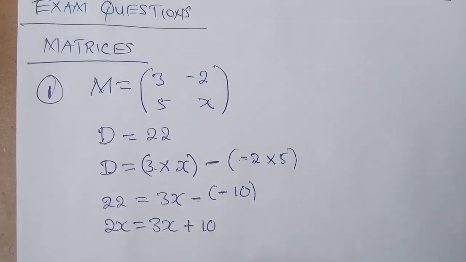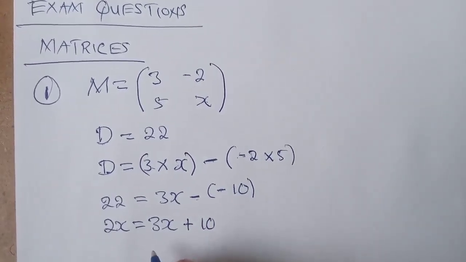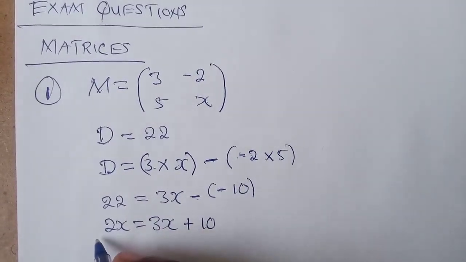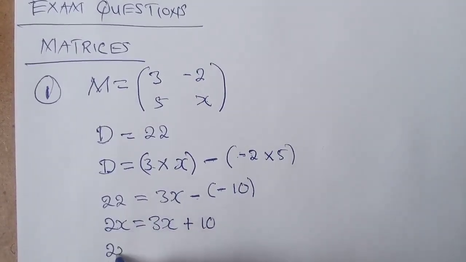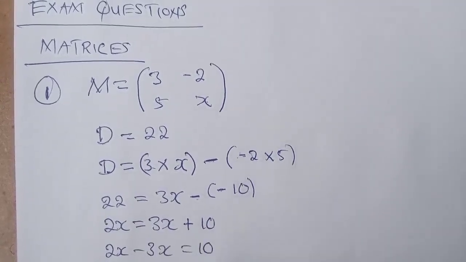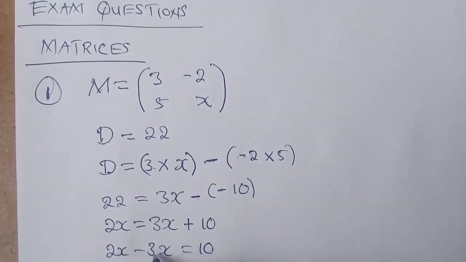This is just an equation. When this comes to this side, it will be 22 minus 10 is equal to 3X. Then what is X here?